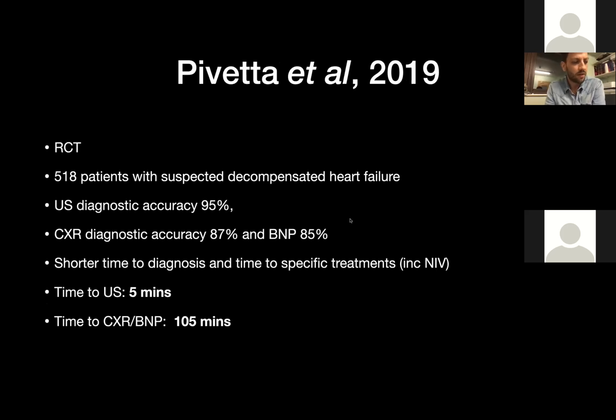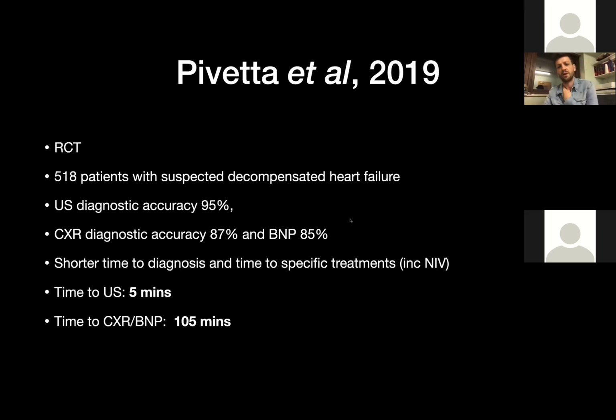Lung ultrasound is probably the one modality where we have the most robust evidence, I think, and I imagine that Anna and Michael would agree. And particularly in the last couple of years, we've had some pretty good evidence in terms of point of care ultrasound coming out. So there was this study by Pivetta in 2019.